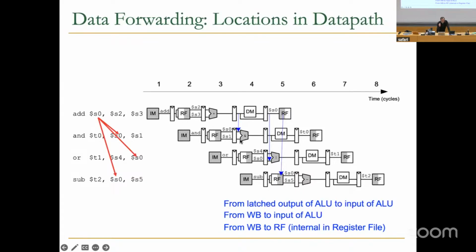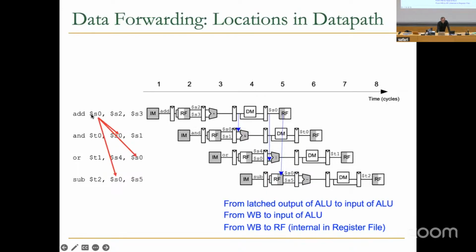So the and operation needs that value at the beginning of clock cycle 4. Now let's ask the question: is the value named by S0, produced by this add instruction, available at the beginning of clock cycle 4? And the answer is yes.